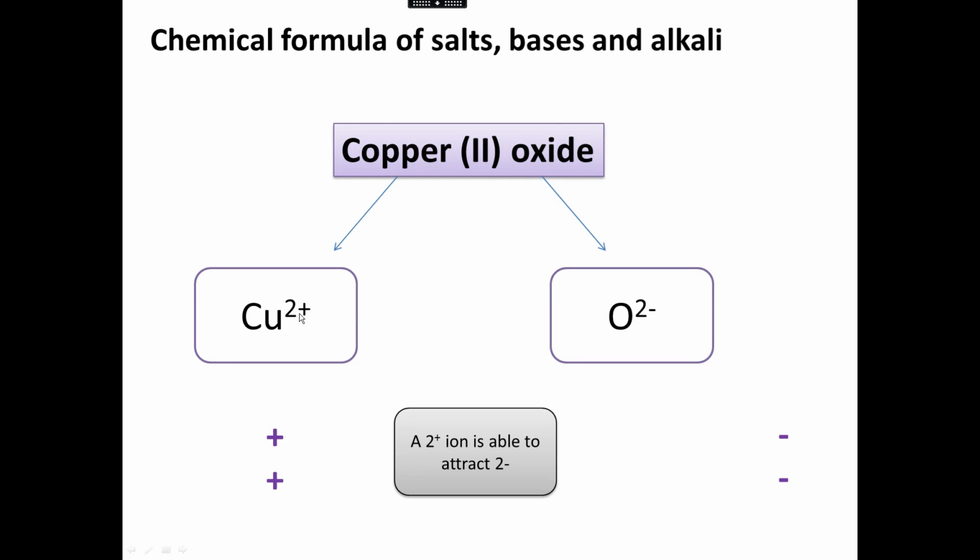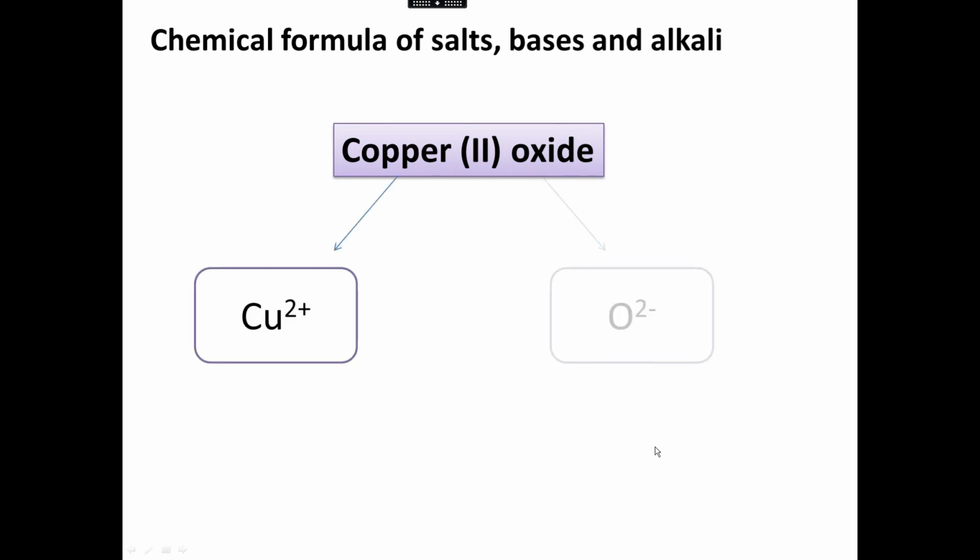So Cu2+ will attract 1 O2-. We could write Cu1O1, but we tend not to write in ones. So the formula is just CuO. So when copper is a 2+ ion, it attracts one lot of O2- to form CuO. So copper(II) oxide has the formula CuO.